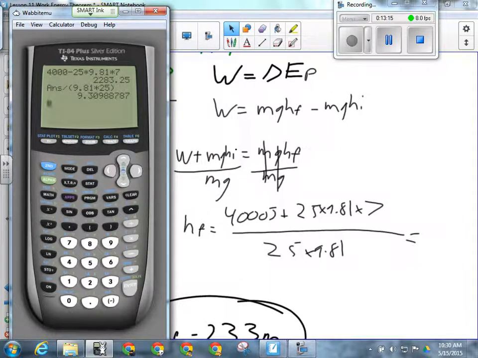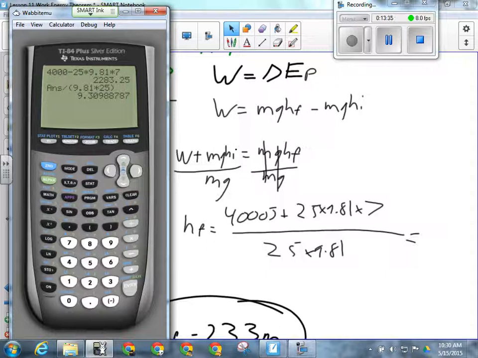So we get 9.3 meters. Is that what you guys are getting? I was looking at my math here.